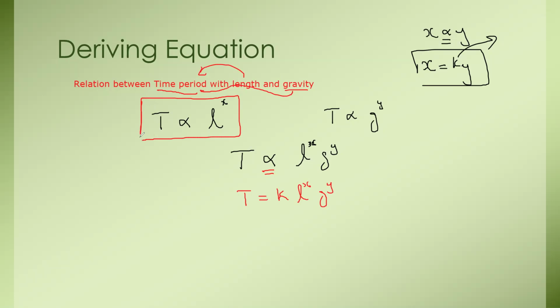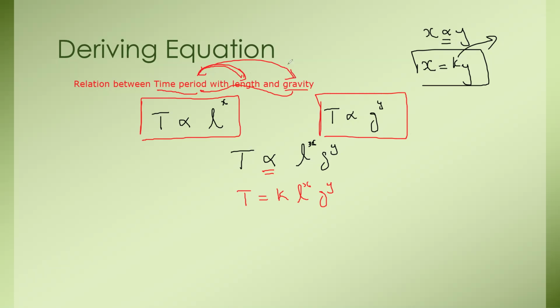We took the time period example. This is a scientific way to derive an equation. So we took the time period is directly proportional to length raised to power x, and the time period is directly proportional to g raised to power y, because we are establishing a relation between the time period and length, and the time period and gravity.